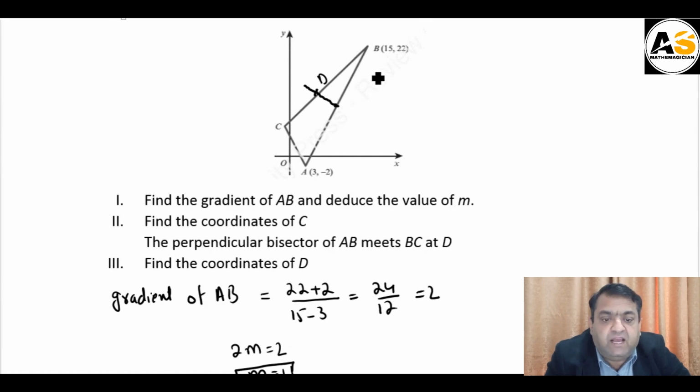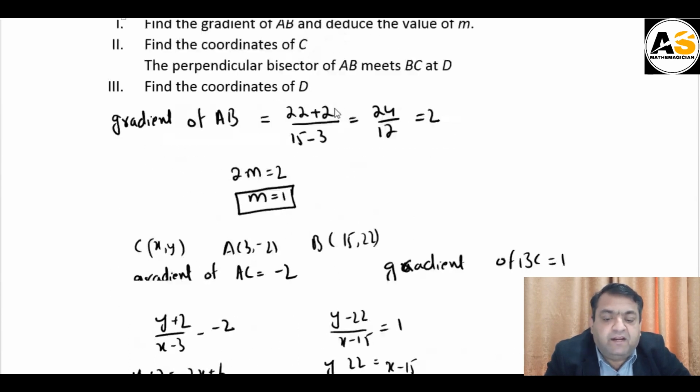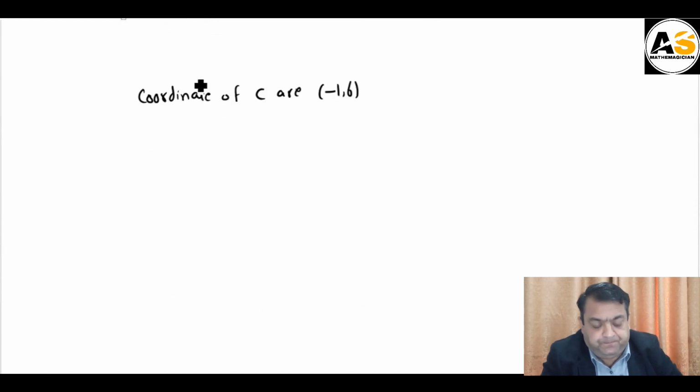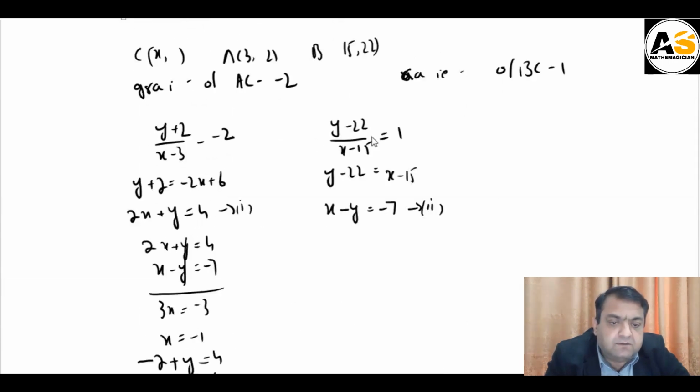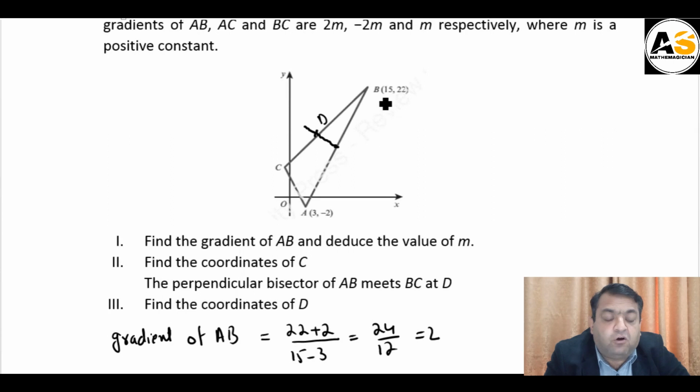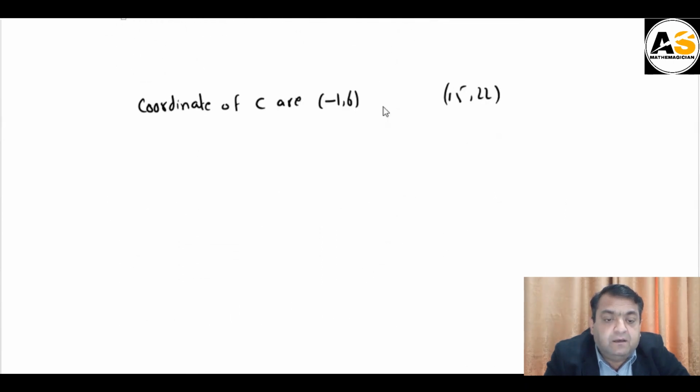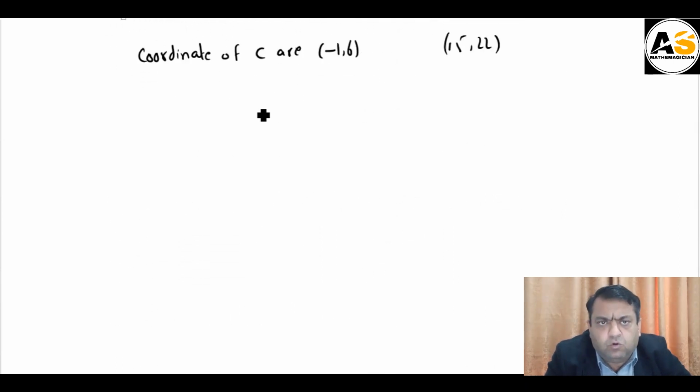So for that we will have to find the equation of this line and BC. First of all, I will find the equation of BC. Coordinates of C are (-1, 6) and coordinates of B are (15, 22). So we will form the equation of BC. We can use the two-point form or the gradient-point form.